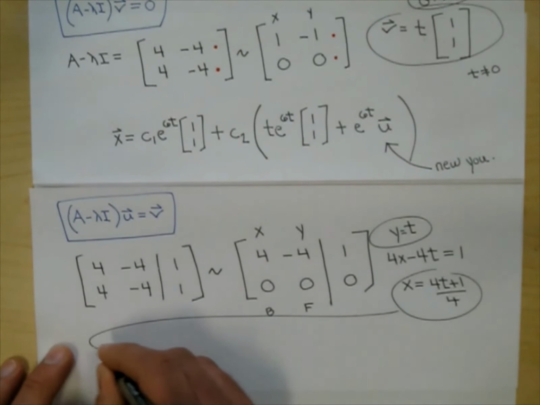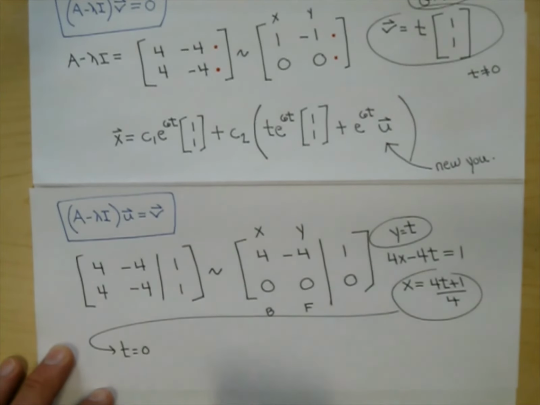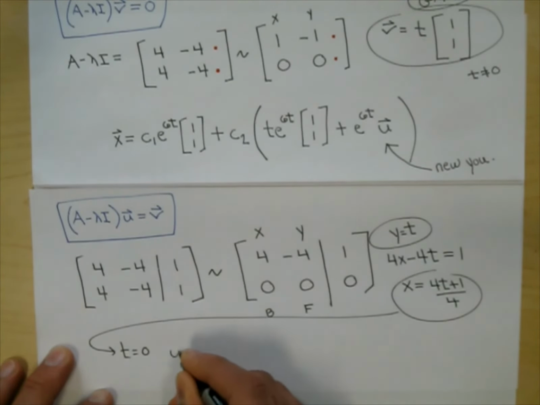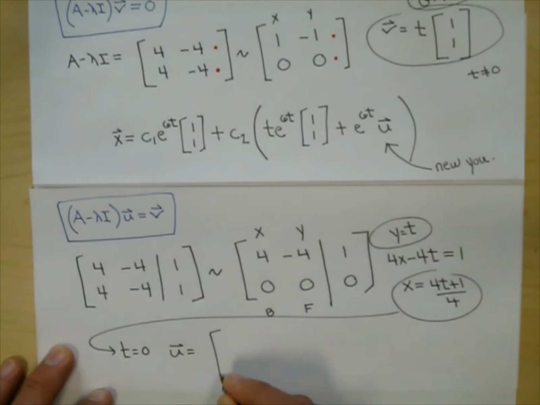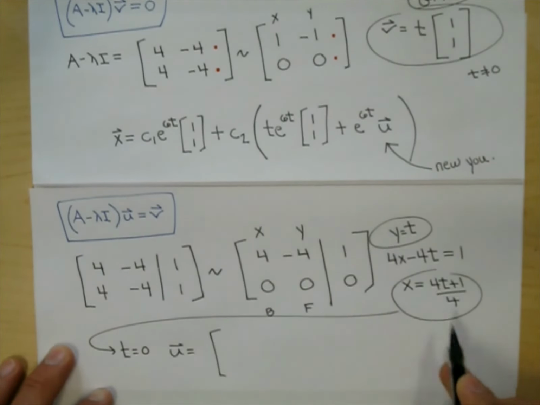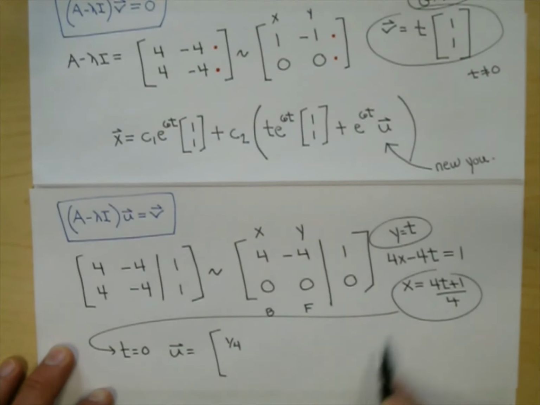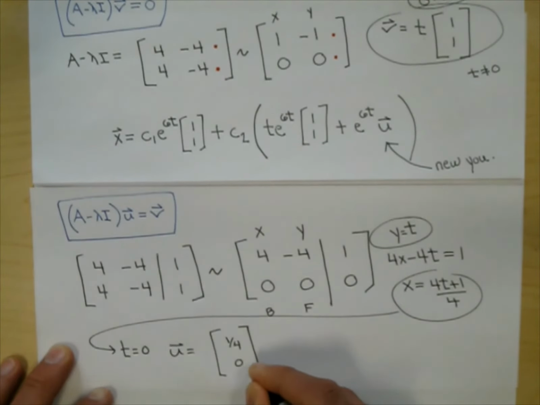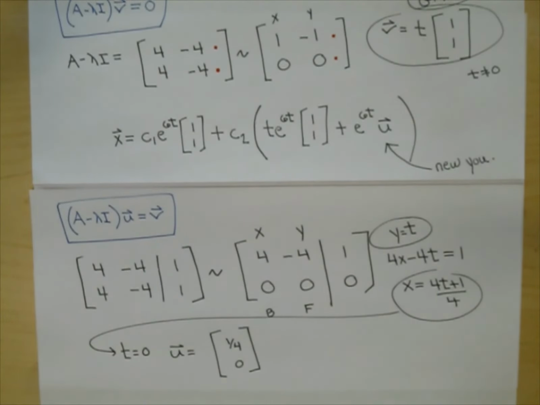So we'll bring it back over here. t is 0, which would mean your new u is 1/4 for the x value, and for the y value it would just be 0. So we've just found the new u.